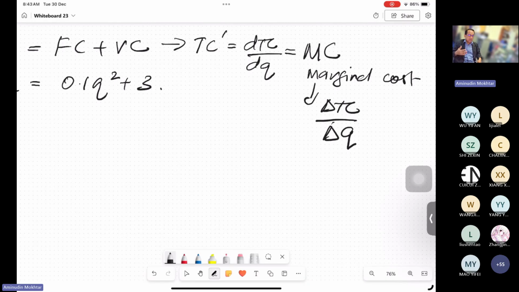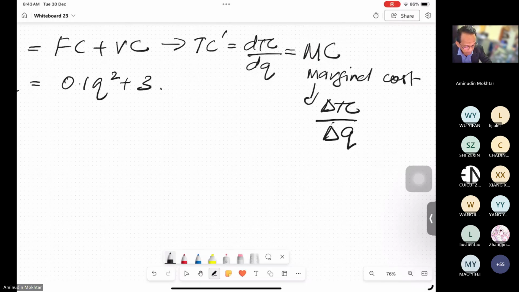If quantity increases by 1 unit, the cost will increase by MC. When the firm increases the quantity by 1 unit, the cost will increase by the marginal cost.